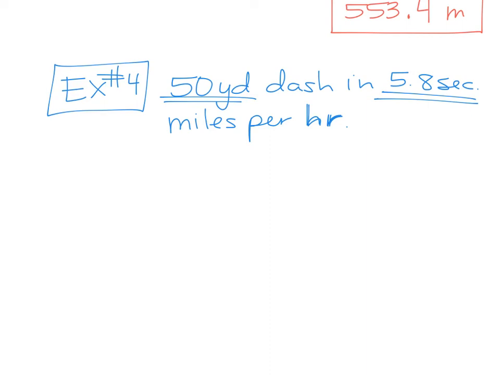This one has a few different conversions to it, so give yourself plenty of room here. 50 yards over 5.8 seconds. Now here's the thing. We want to convert to miles per hour. So we have a few things to get through before we can get to miles and hours, right?